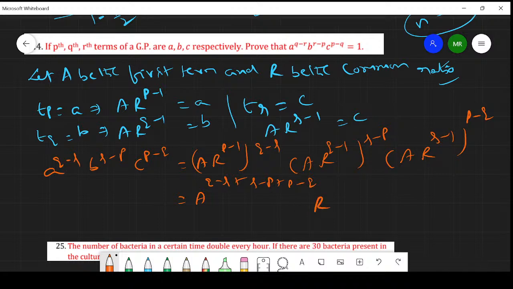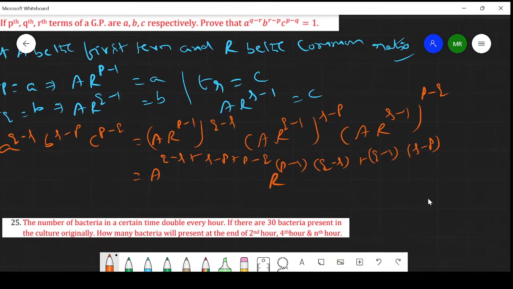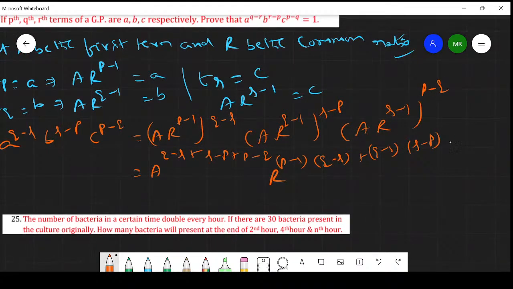For R, the power is p minus 1 into q minus r, plus q minus 1 into r minus p, plus r minus 1 into p minus q. If you observe, the powers of A all get cancelled, giving A power 0.